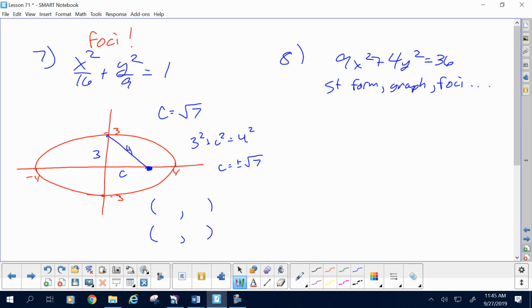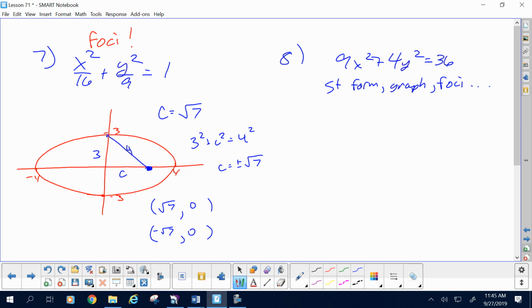No, 4 has to be the hypotenuse. 4 has to be the side by itself. You with me? All right, so what are the coordinates? Root 7, 0, and negative root 7, 0. Boom. Now do the other one.